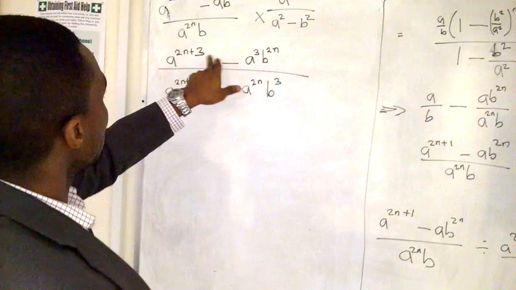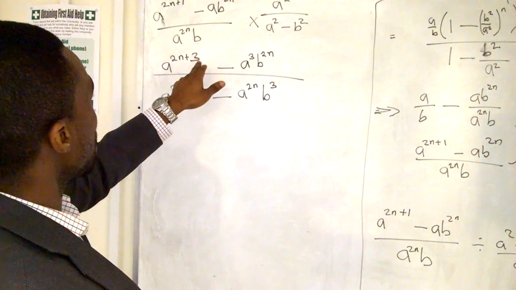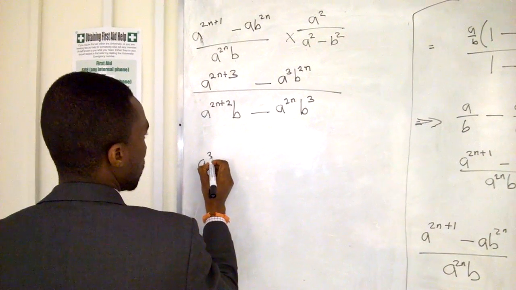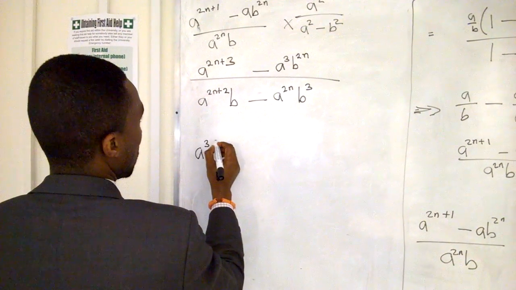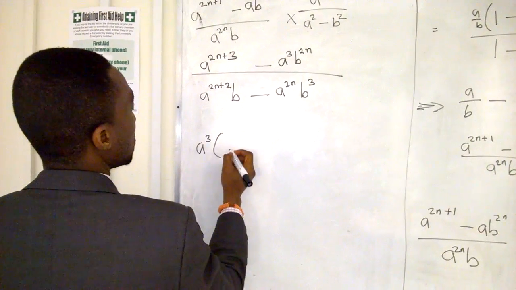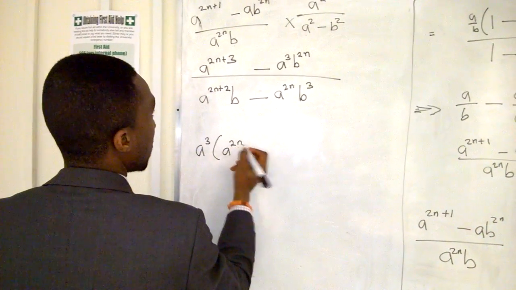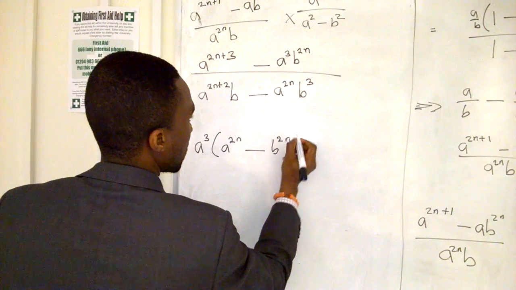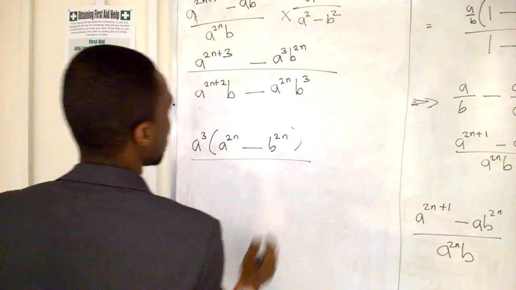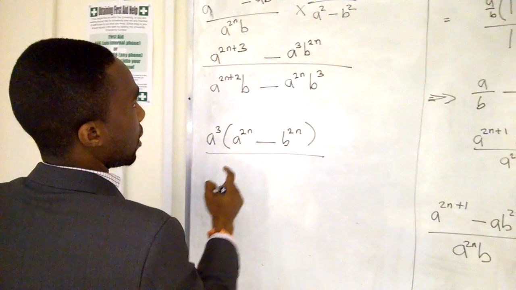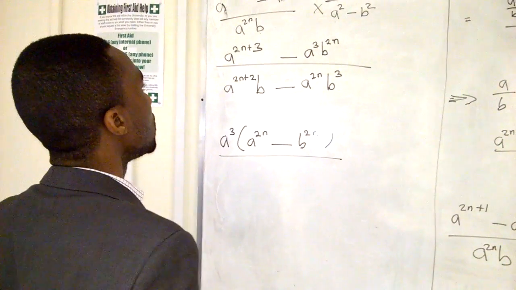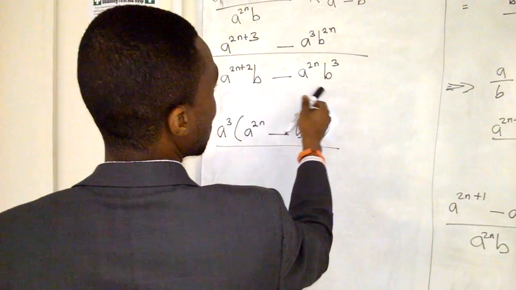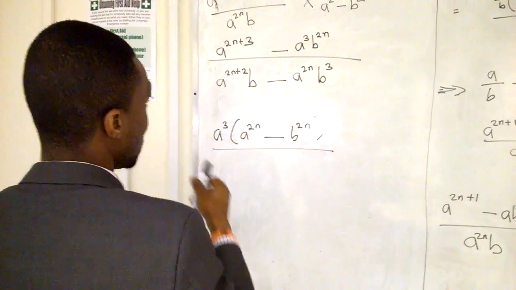So there is a common factor of a cubed. I'm just going to take that common factor out. a cubed bracket a squared n minus b squared n over, here there is a common factor as well.